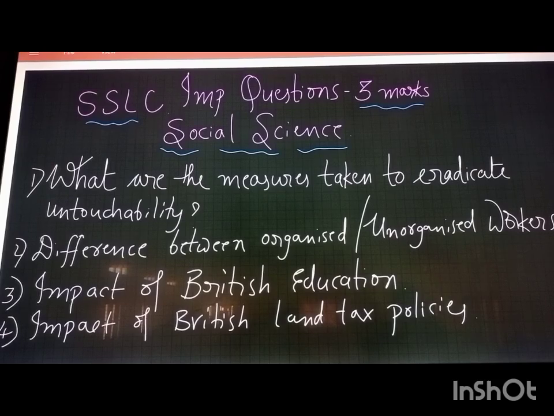You just write Untouchability Crime Act 1955. Then, the same act, the Untouchability Crime Act, was amended as the Citizens Rights Protection Act in the year 1976. You have to write Citizens Rights Protection Act 1976.